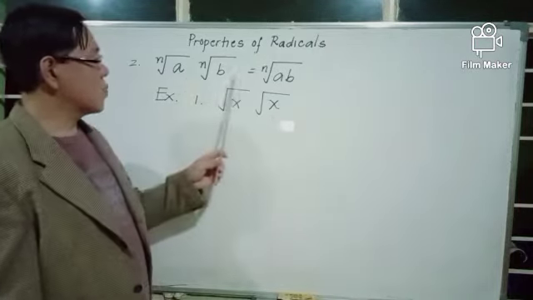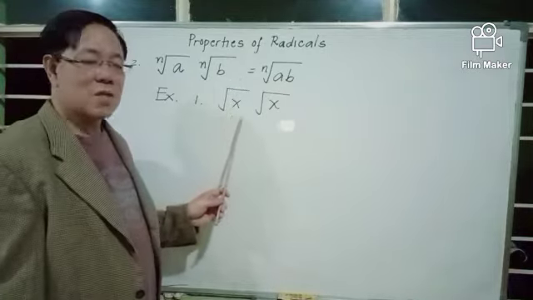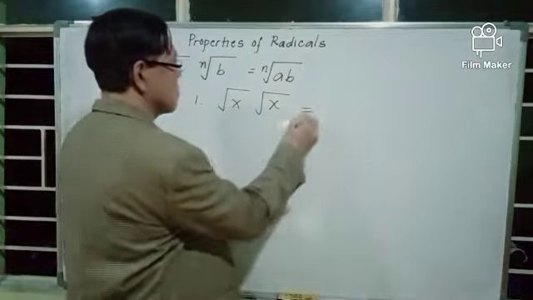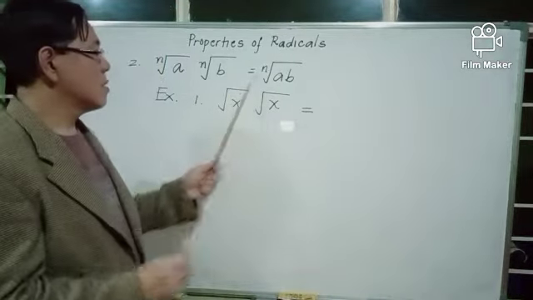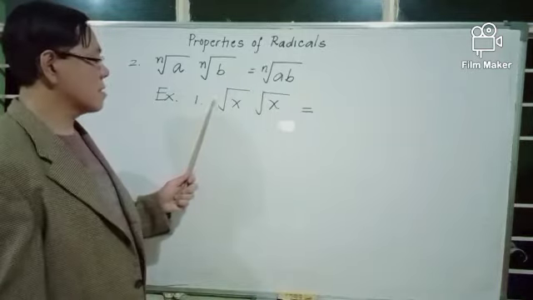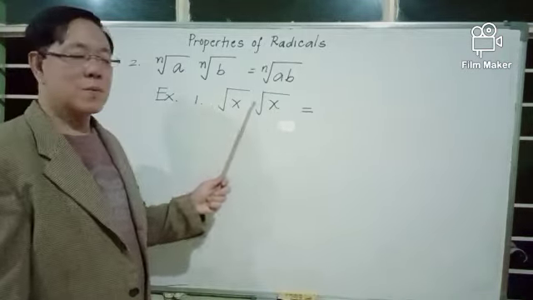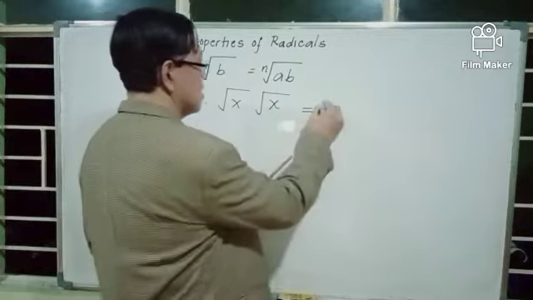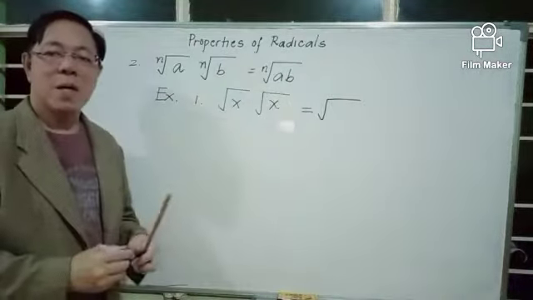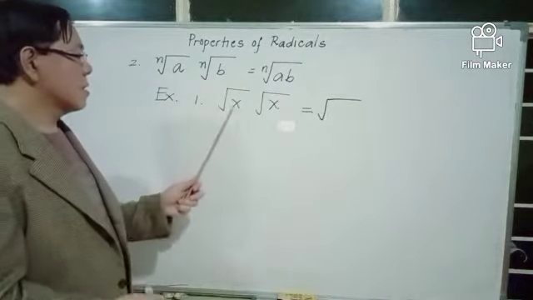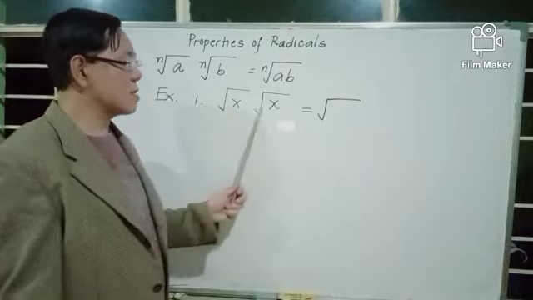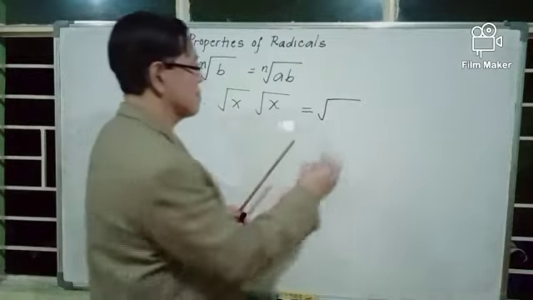And using this property, the product of square root of x multiplied by square root of x is equal to the common index n. In this example, it's 2 and 2. So we have the square root of the product ab, the product of the radicands. Here the radicands are the same x. We multiply x by x.